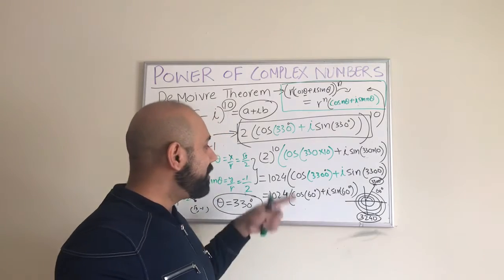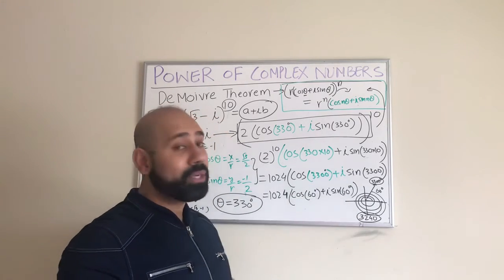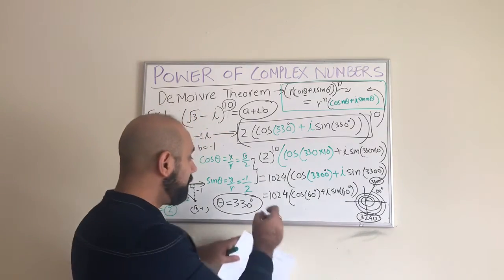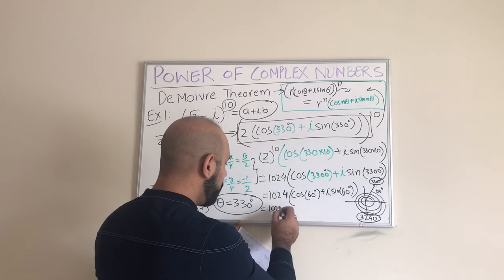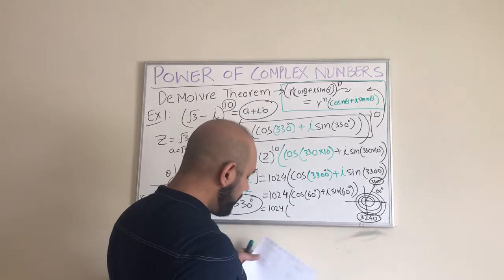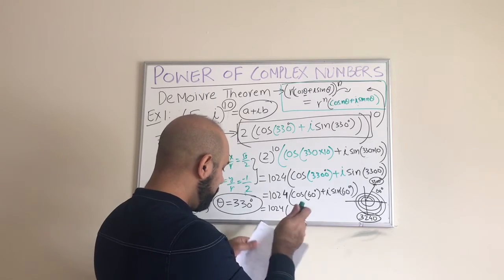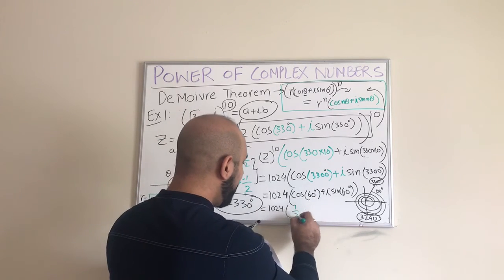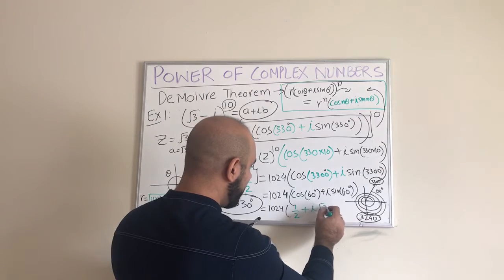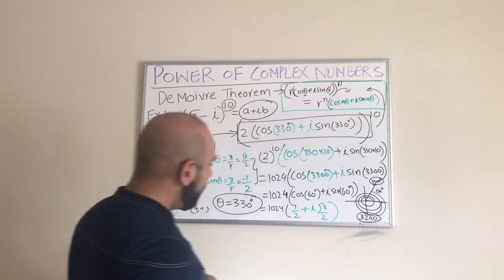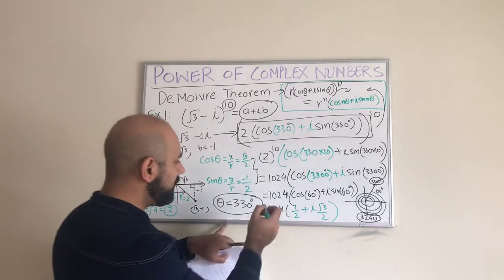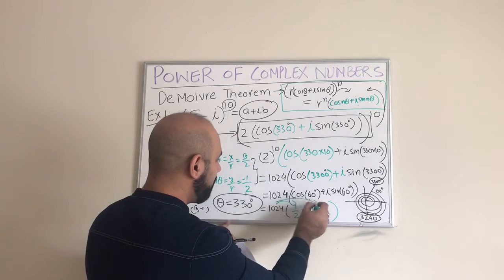But I like to divide, and from there find my reference angle. From here, this is going to be 1024. Looking at my unit circle, cosine of 60 is 1/2, and the sine of 60 is radical 3/2. We can still simplify a little bit, which is just distributing that 1024 to both of these.